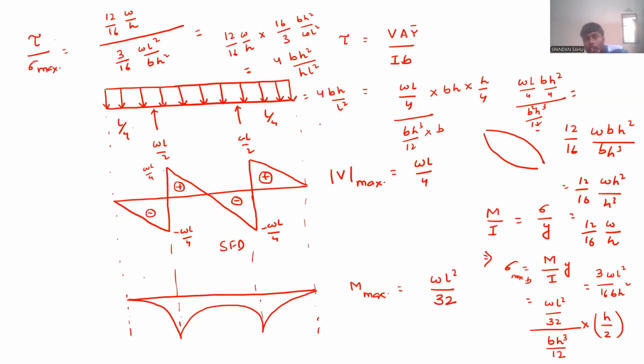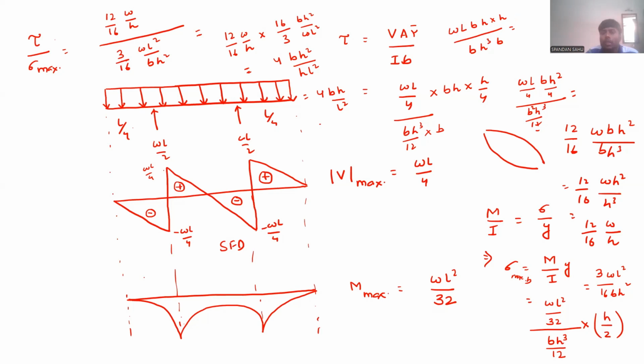So 12 will go upward, 4 into 4, 16 will come downward. And it will become W L B H into H upon B H Q into B.